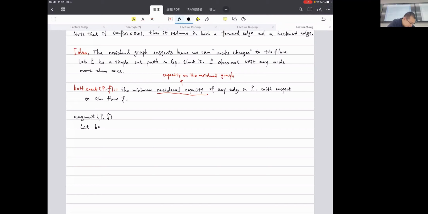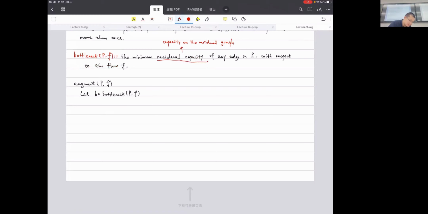In the definition, we specified a certain path. After we specify what a path and what a flow is, we can make the corresponding definition. So we let B be the bottleneck of P and F.